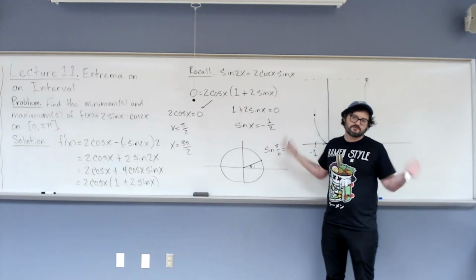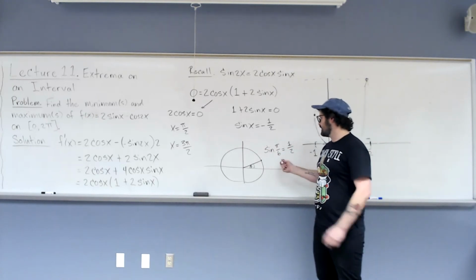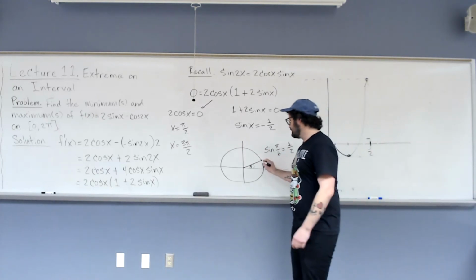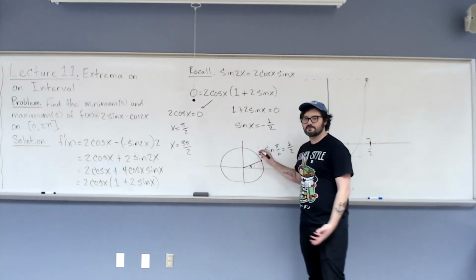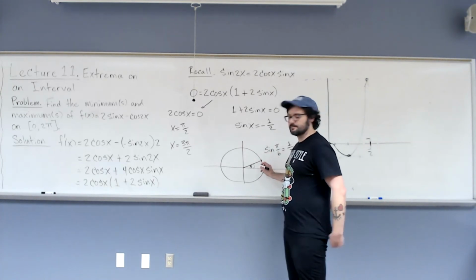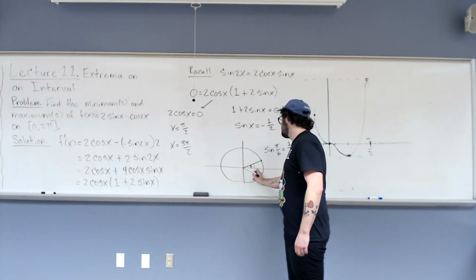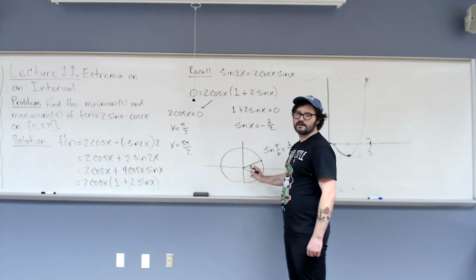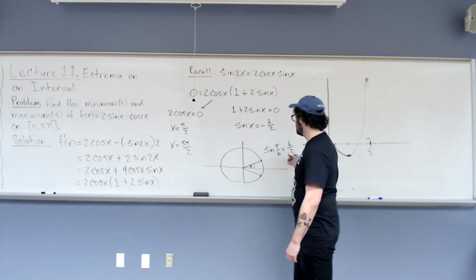If you know those, you can figure out the rest. So I know that. But because the unit circle is symmetric, right? And the y values are the sine, I know that the negative of that is going to be negative 1/2.